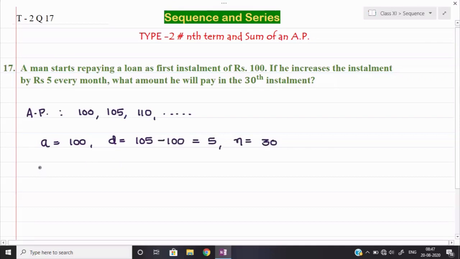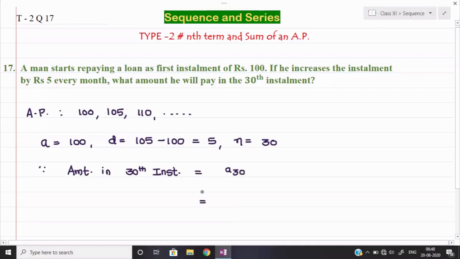So we need to find out the amount he will pay in the 30th installment. So see, if I want to find out the amount in the 30th installment particularly, means I need to find out the value of A30. Remember here sum is not required.